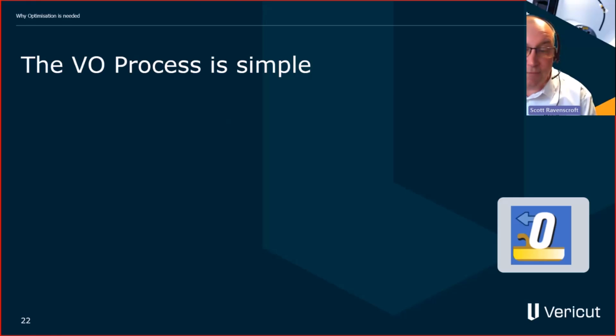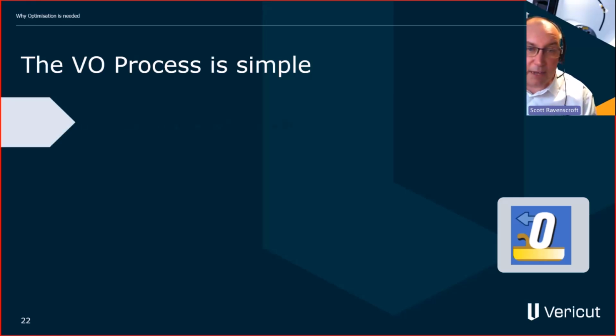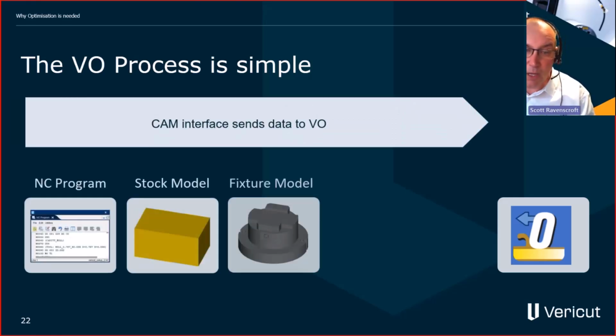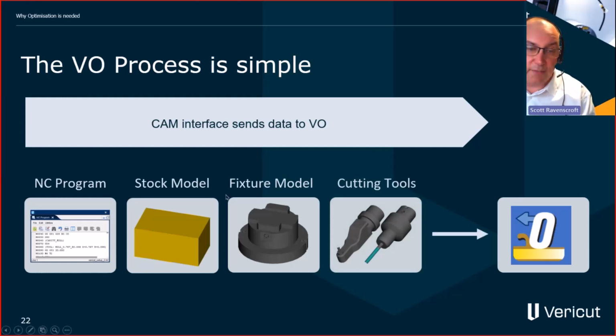And really the process is very, very simple. If you have a CAM system and you have all of these things defined in your CAM system, things like cutting tools, fixture models, program models, stock models, we can embed an interface. The software is standalone, but we can embed an interface inside your CAM system to harvest and utilize all of this data you already have.